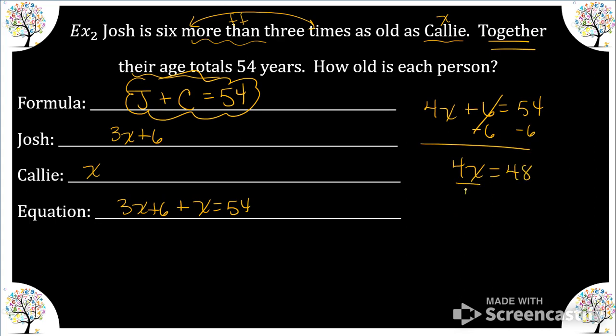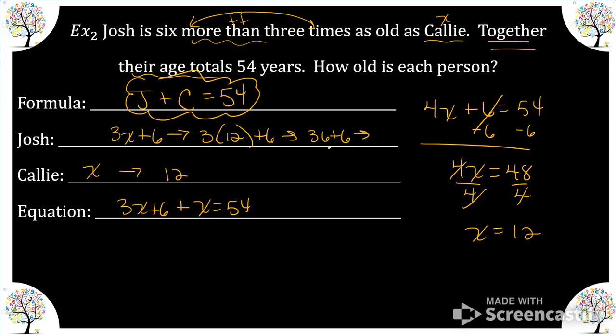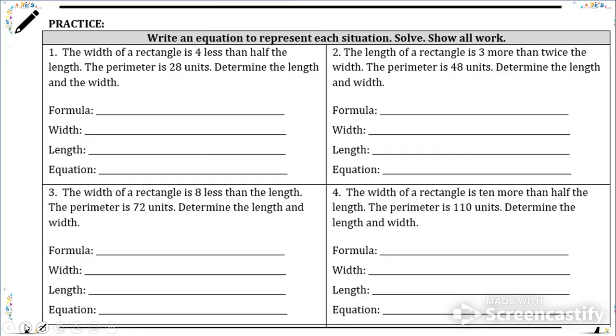And then we're going to divide each side by 4 to isolate the x. x is 12. So Callie is 12. Josh is 3 times 12 plus 6. 3 times 12 is 36 plus 6. And that gives us an age of 42. And we can see 42 plus 12 does add to 54.